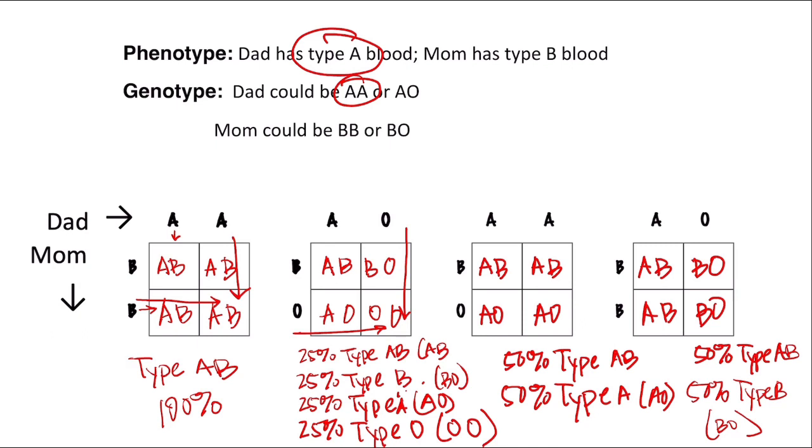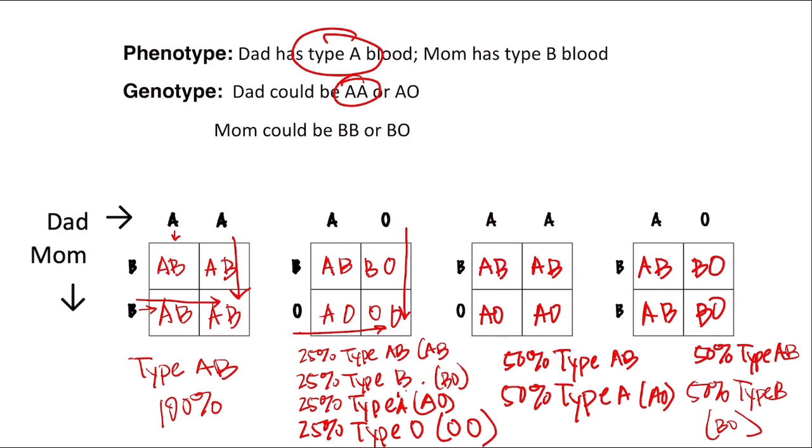This could be a short answer on your first exam. Not all of these, I'm not going to have you do. Well, actually, it wouldn't be this exact one. It could be some other combination or type of question like this. It could be a couple different things. I could just say, hey, this is dad's phenotype, this is mom's phenotype.